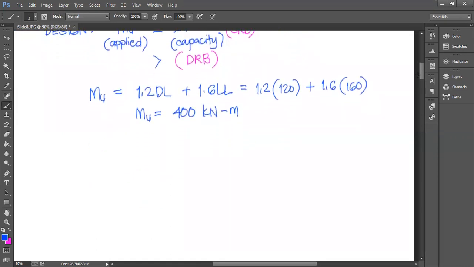Now, dito sa problem na to, we have two approaches. Sa two approaches, pwede natin gawin yung either of the two. Either solve for raw actual, or i-solve natin na singly reinforced yung beam natin with raw maximum as reinforcement.